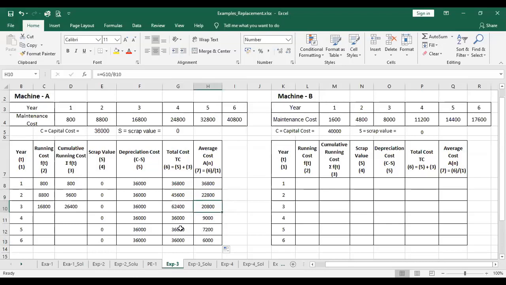Yes, the answer is right, it is 20,800. Okay, now for the fourth year, who will answer? Yes, Parth, Dhaval, your answers are right. For Abhishek, now I need the fourth year.